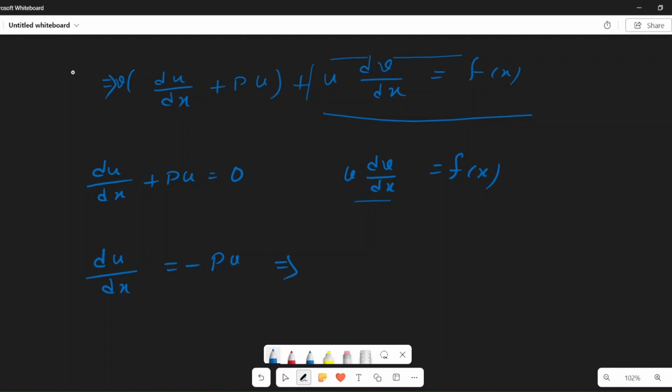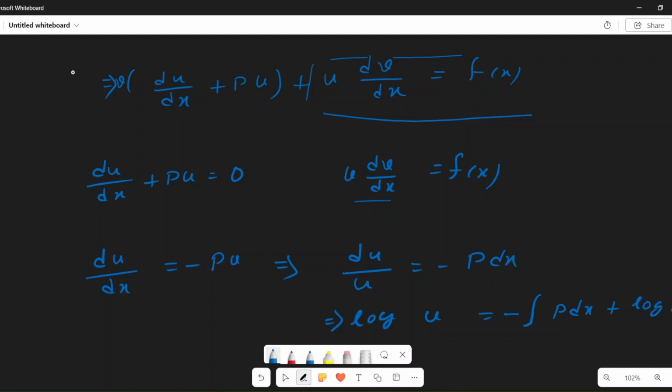Therefore that can be handled by the separable variable method. How? du/u is equal to minus p dx. So this can be written as log of u is equal to minus the integration of p dx plus log k.